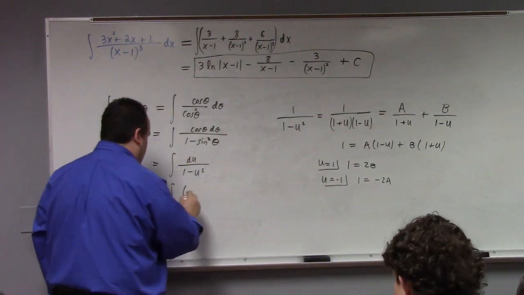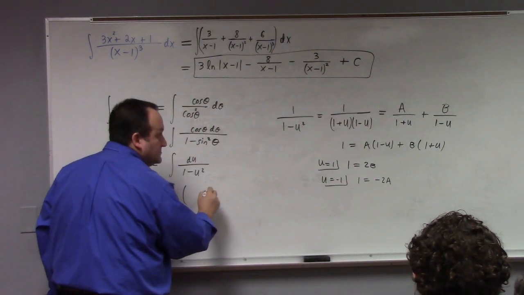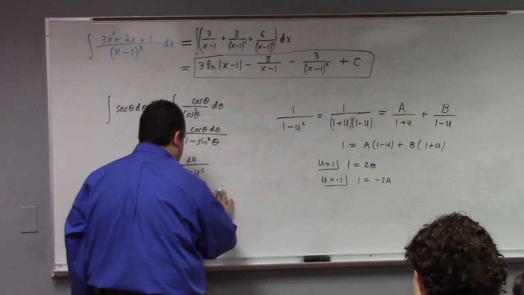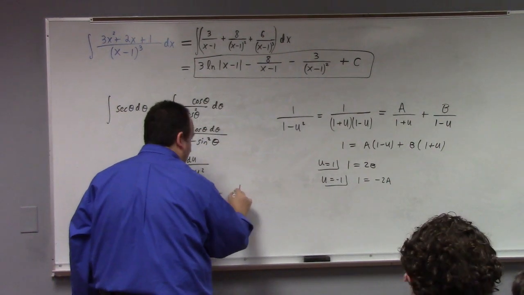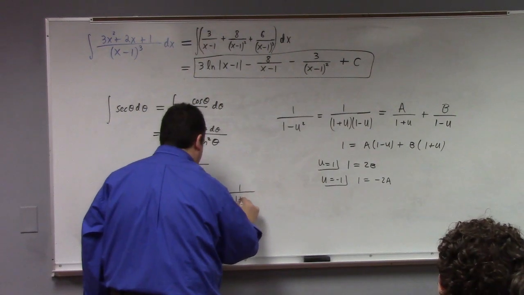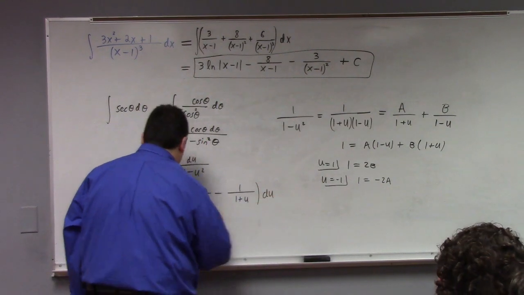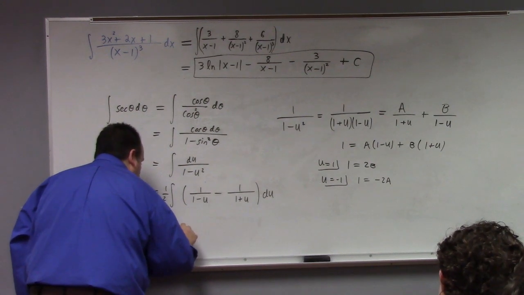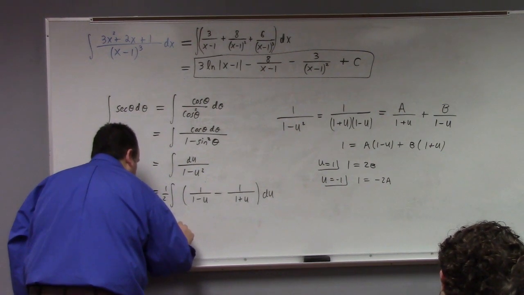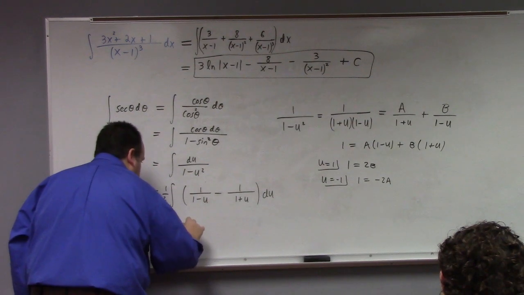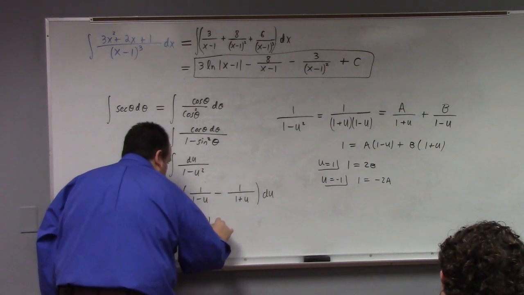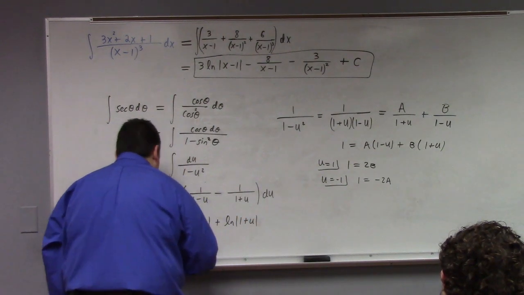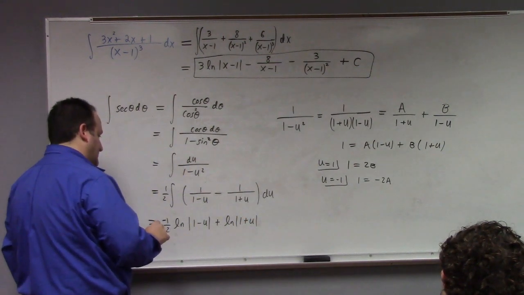So I get 1/2 times 1 over 1 minus u, plus 1 over 1 plus u, I think. Which is minus 1/2 natural log absolute value of 1 minus u plus 1/2 natural log of the absolute value of 1 plus u, if I have not messed up a sign.